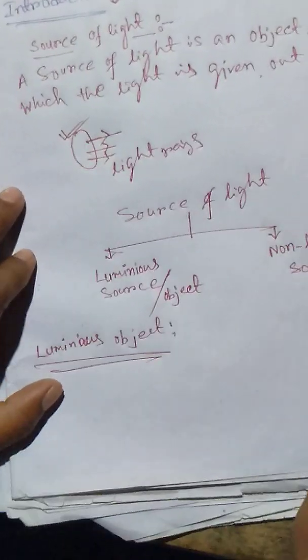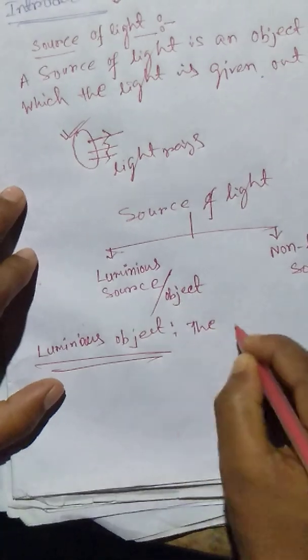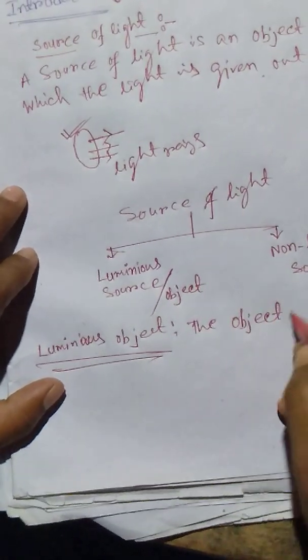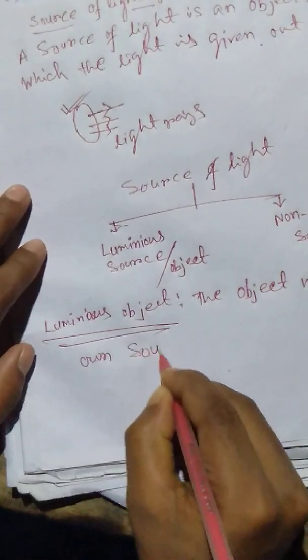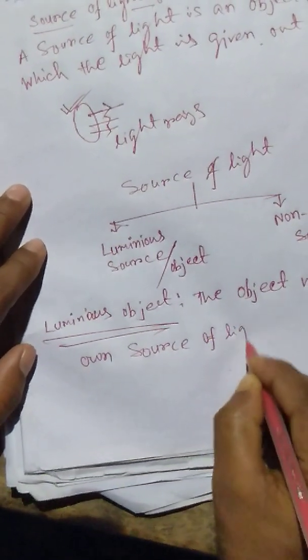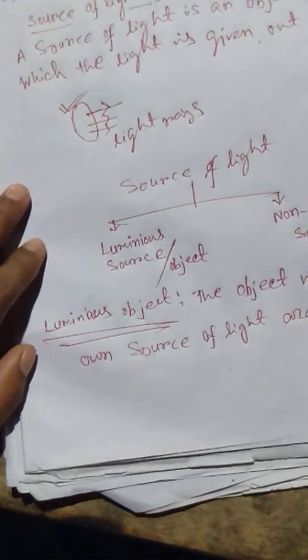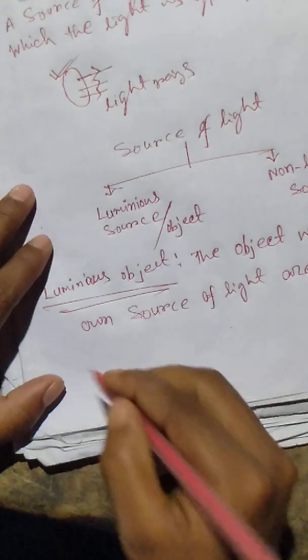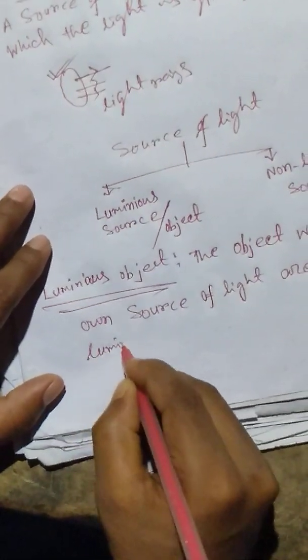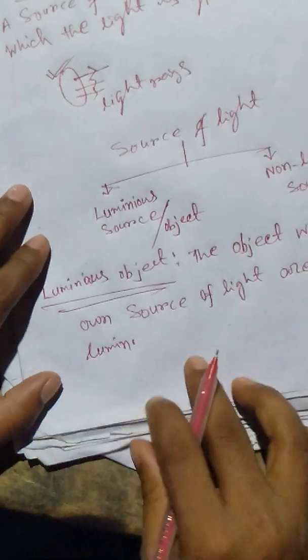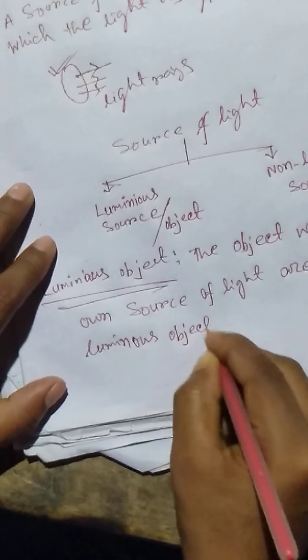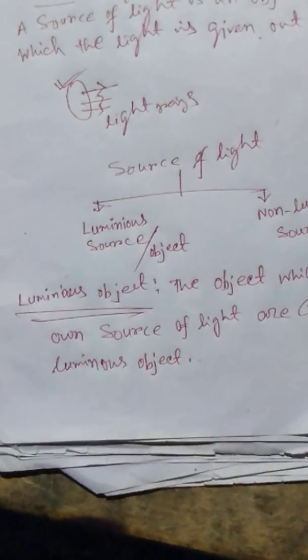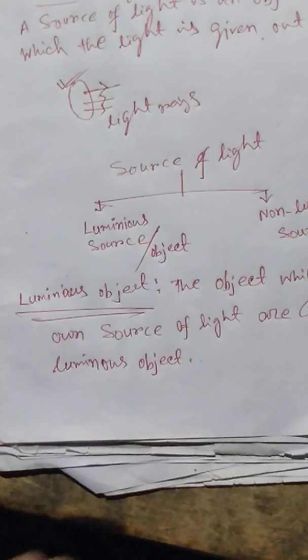What are luminous objects? The objects which have their own source of light are called luminous objects.